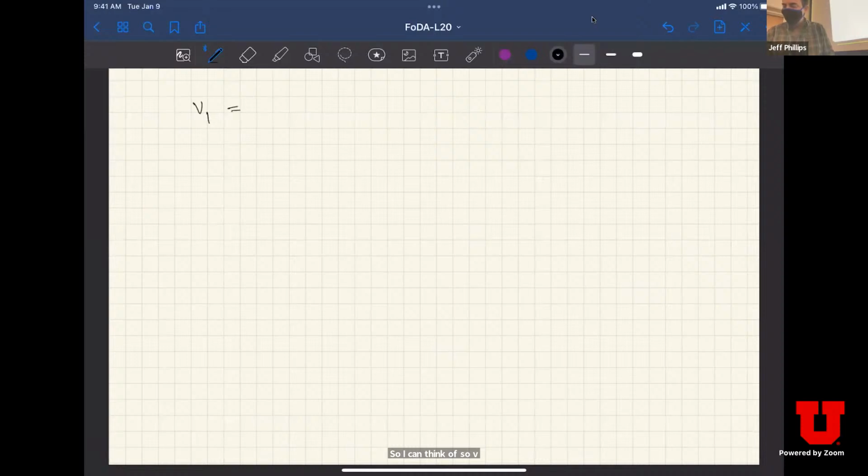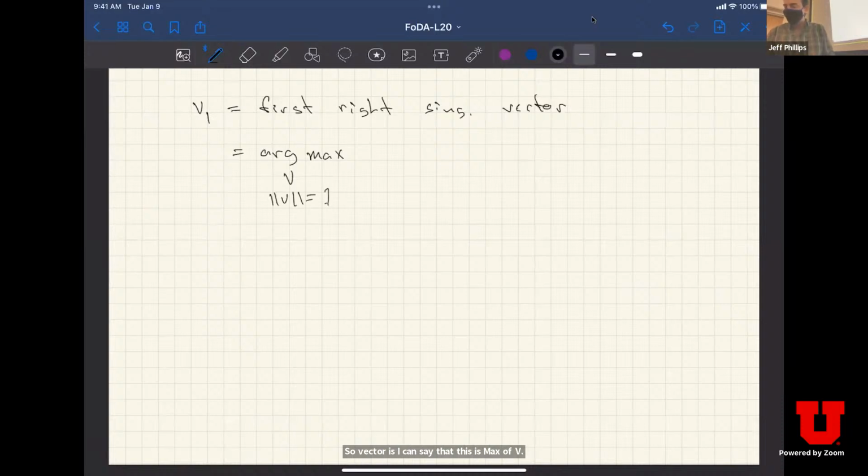So V_1, the first right singular vector, I can say is the arg max over V, such that V is a unit vector in R^d, of the norm of A V. When I multiply A times V, the result is going to be a vector, so this norm implicitly is the 2 norm.